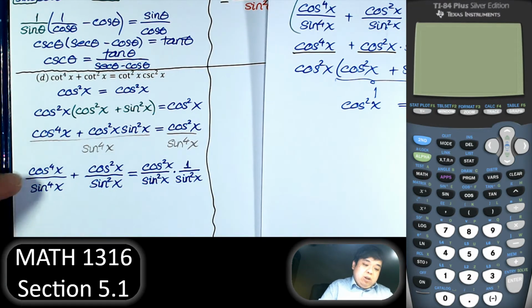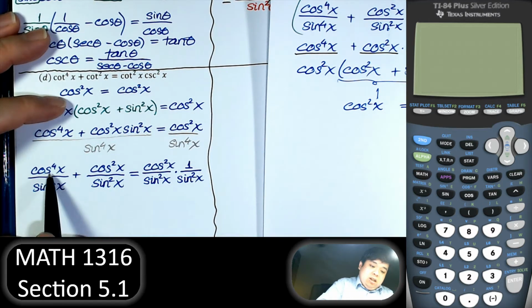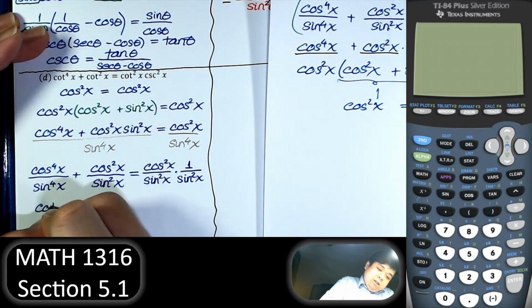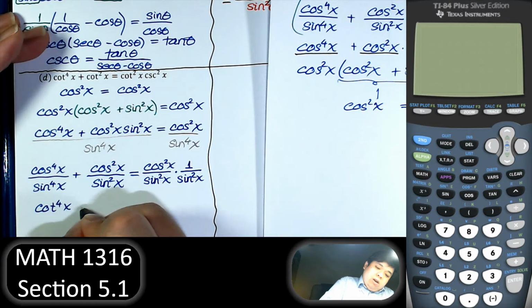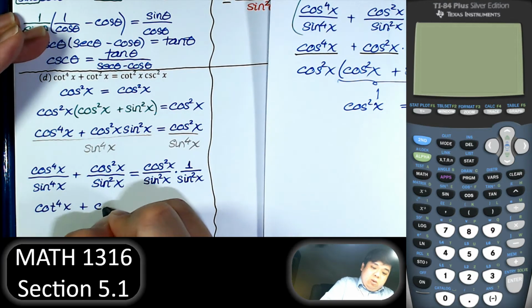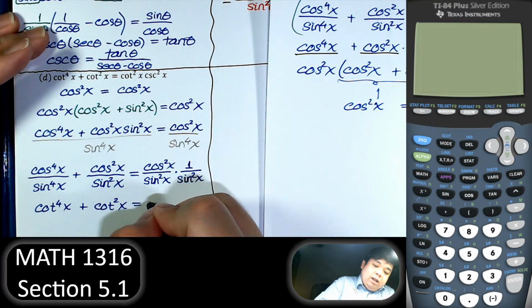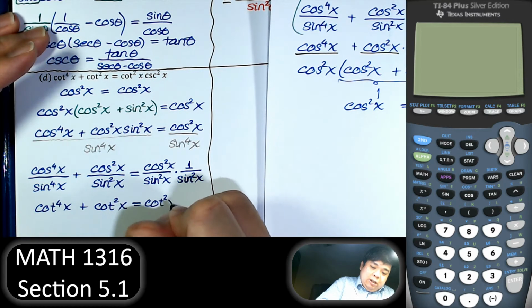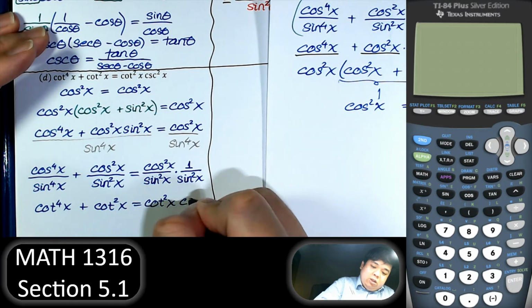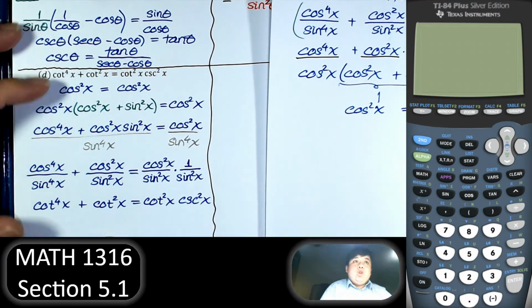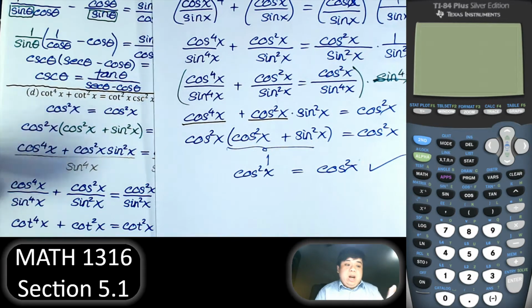And finally, cosine over sine is cotangent, so the first term is cotangent to the 4th power. Cosine over sine is cotangent once again, but this is to the second power: cosine square over sine square is cotangent square, and 1 over sine square is cosecant square. Yeah, so if we write this in reverse, we have the proof.